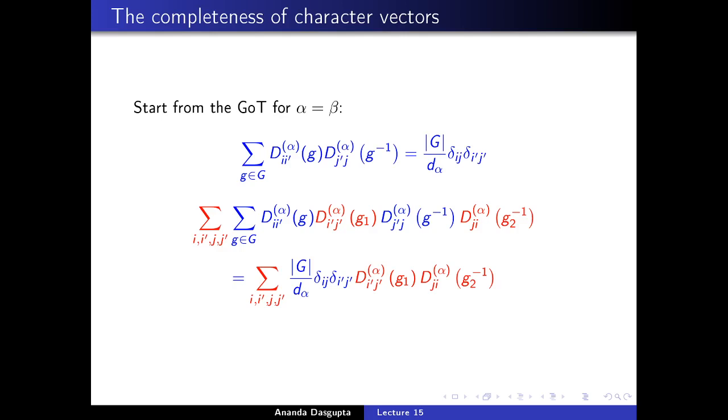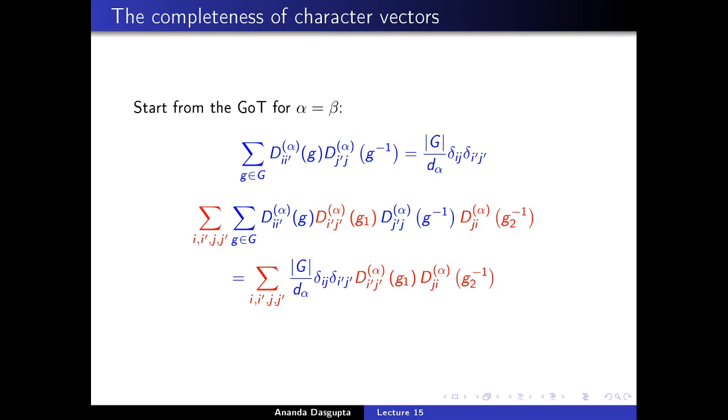Delta ij will force the two indices on d alpha ji G2 inverse to become the same index, so you will get d alpha ii G2 inverse, and then you have to sum up over i, and that of course gives the character for the element G2 inverse. And very similarly, the delta i prime j prime is going to make d alpha i prime j prime G1 sum up to chi alpha of G1.